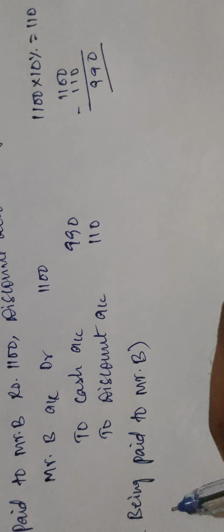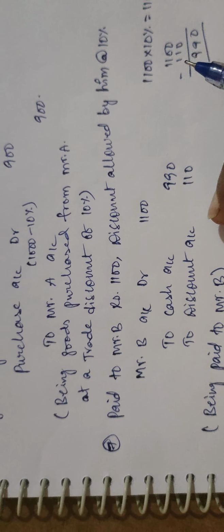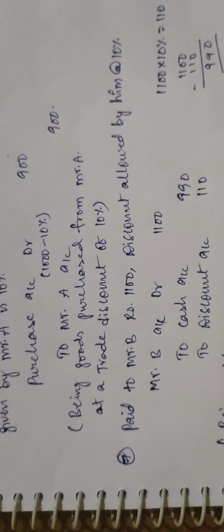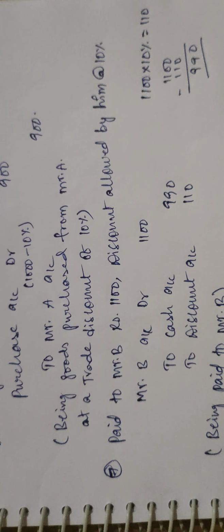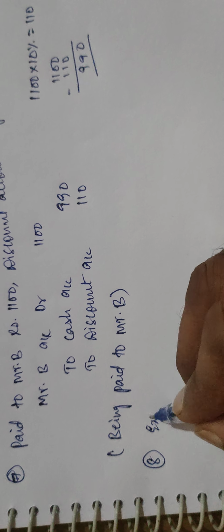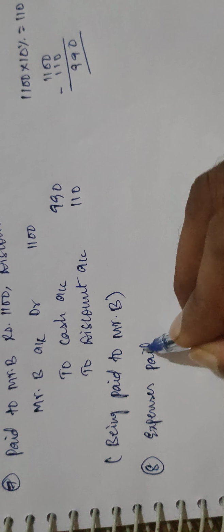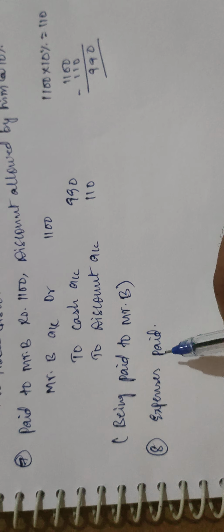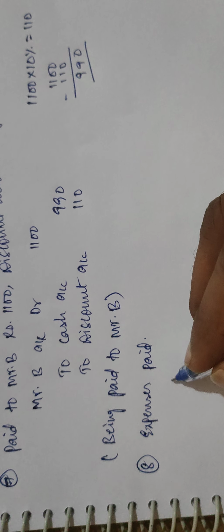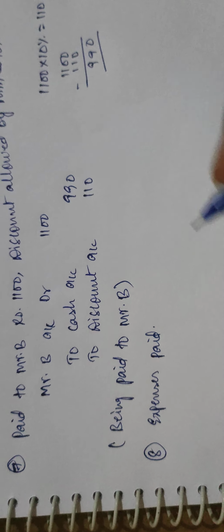Mr. B, right? So these are the general transactions regarding journal entries. And another transaction is expenses paid. Expenses paid means we are making the payment.